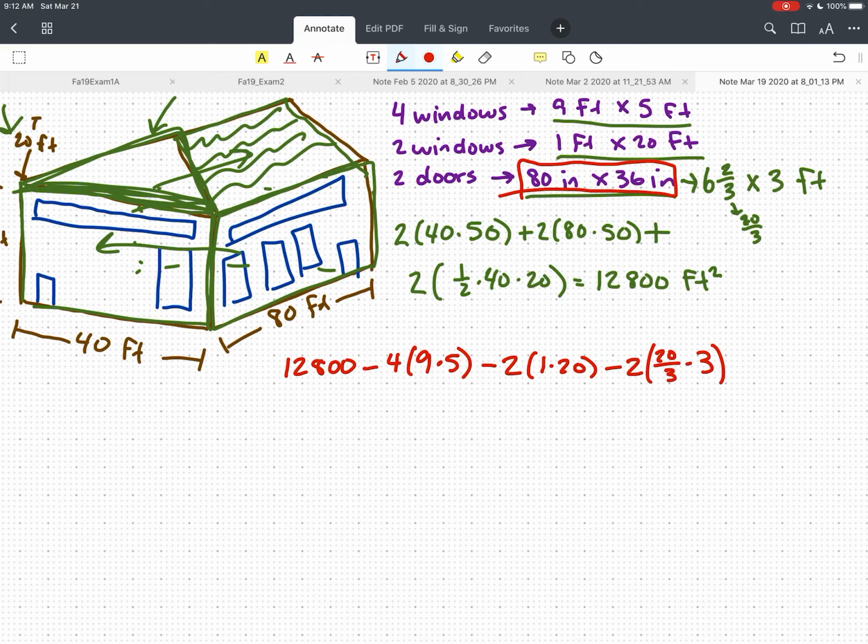Minus 4 times 9 times 5, minus 2 times 1 times 20, minus 2 times 20/3 times 3. And that's giving me 12,540, and that is also in square feet. So that is the answer to part A. What is the surface area?